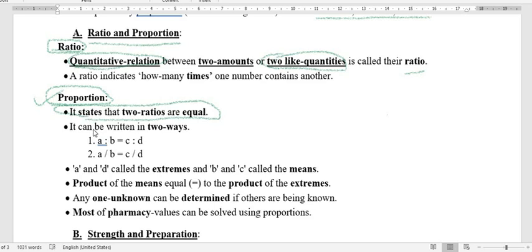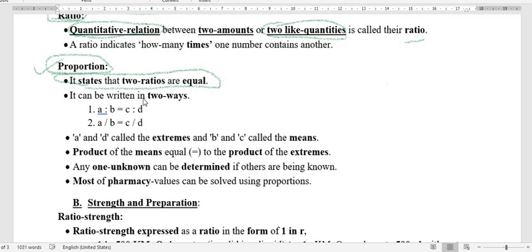It states that two ratios are equal. The proportion establishes the relationship between two ratios that are equal.